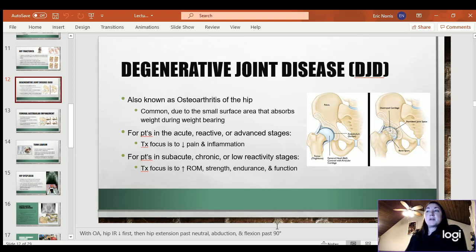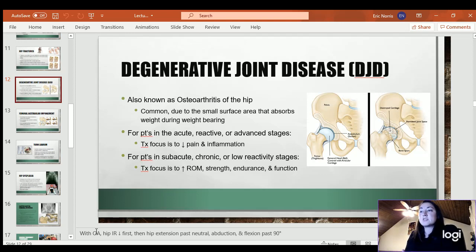Okay, so we were talking about osteoarthritis of the hip and how it is common. So typically there's also a common pattern that we see when someone has osteoarthritis of the hip. We see that internal rotation is the most limited and the first one to notice a limitation.